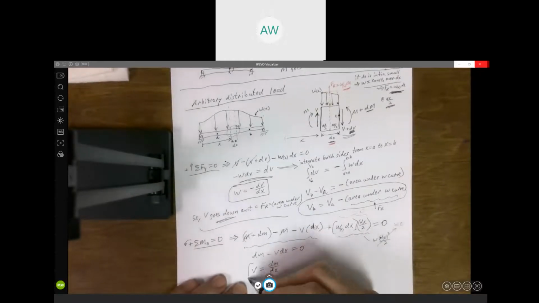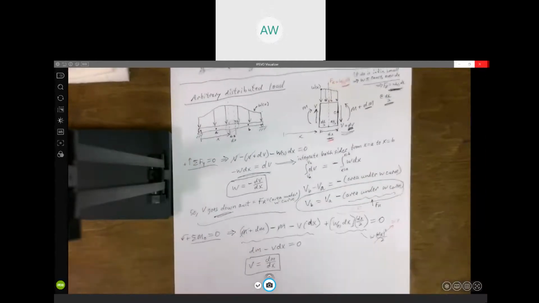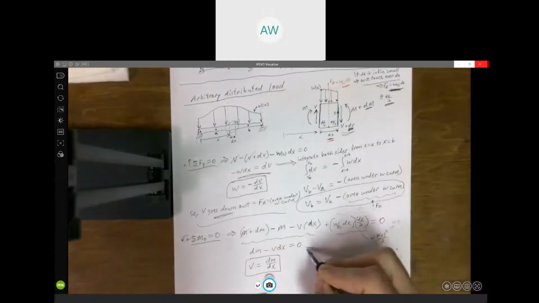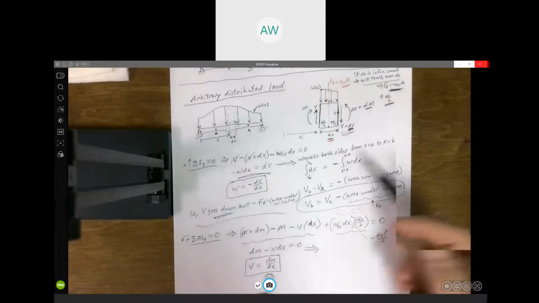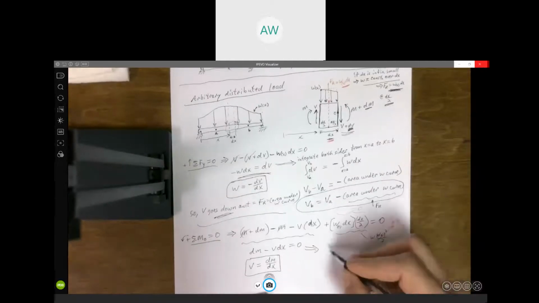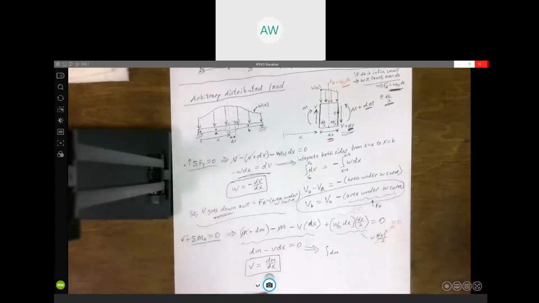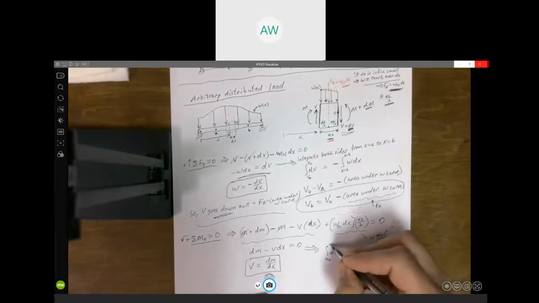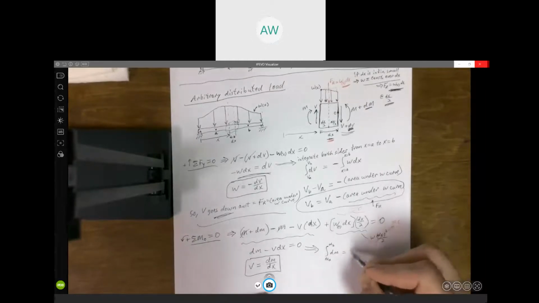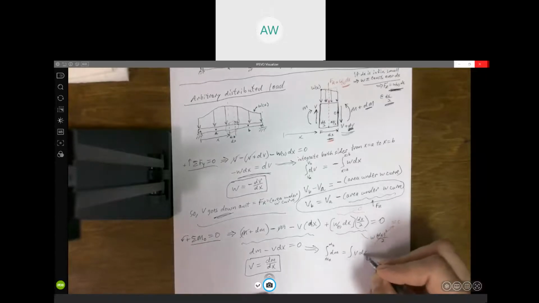Again, this is a relationship that I'm going to use to show you something else if we have time today. But what I want to do now is exactly the same thing we did up here, and that's integrate both sides. So if we integrate both sides, again, from x equals a to x equals b, on the right side, we've got V dx.